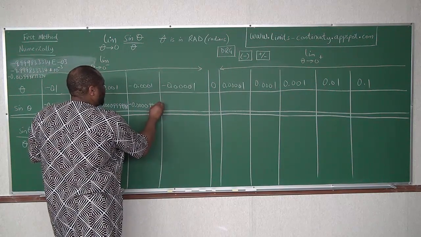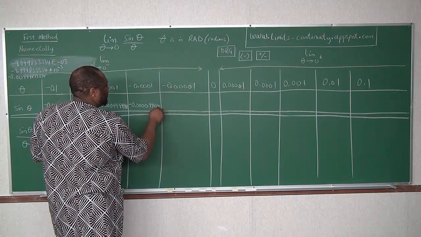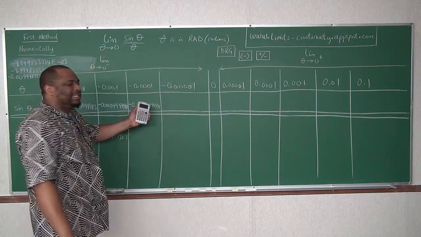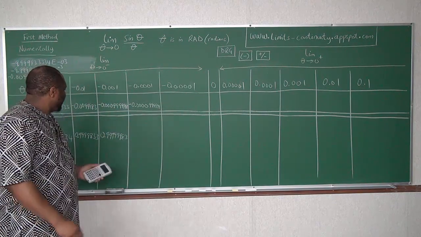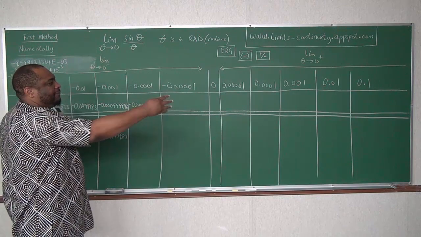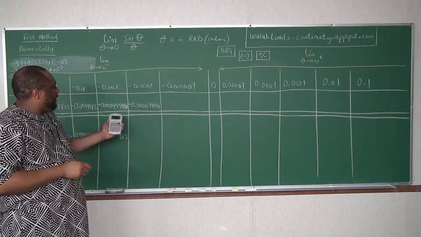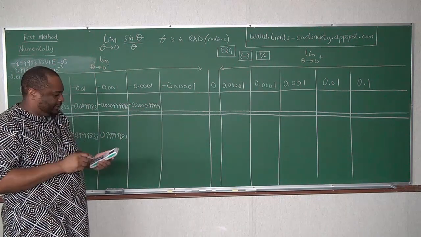You understand what I'm doing. Then divided by, you can have more space in your paper to finish it. Then the last can be 83.